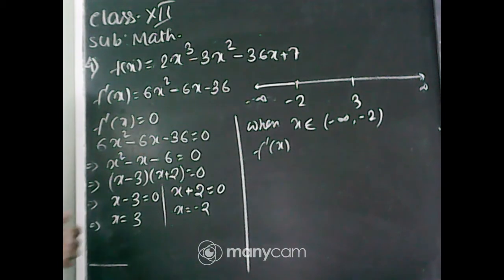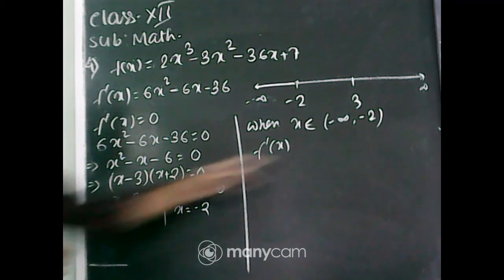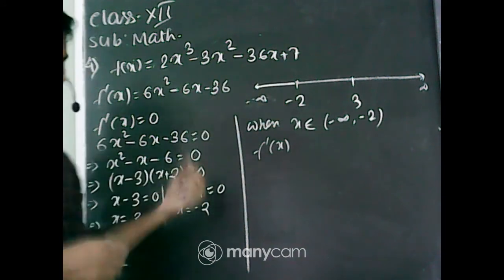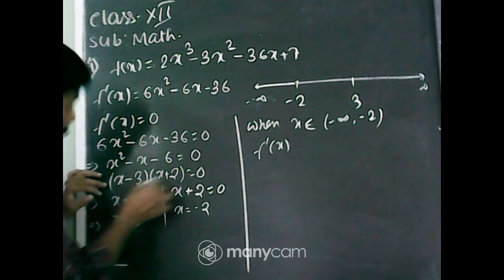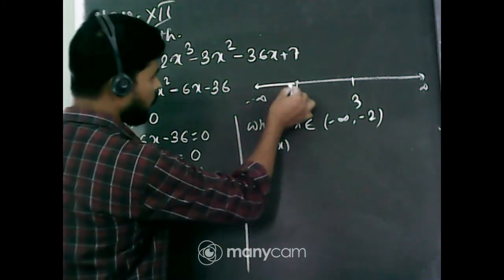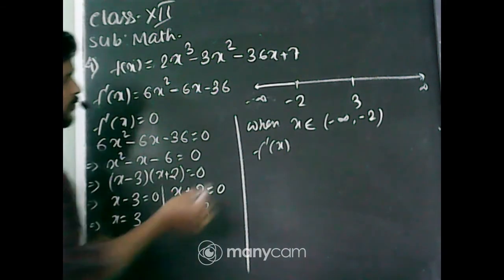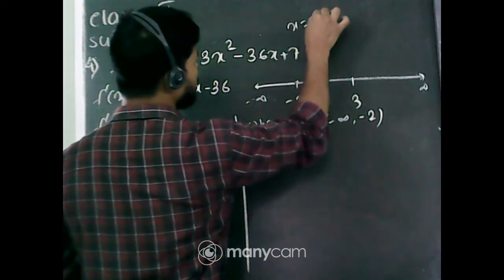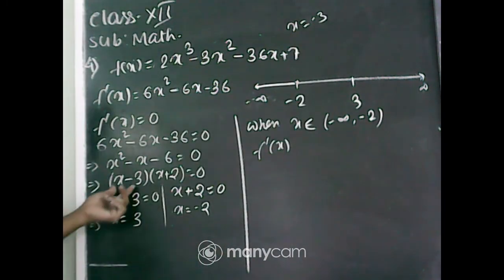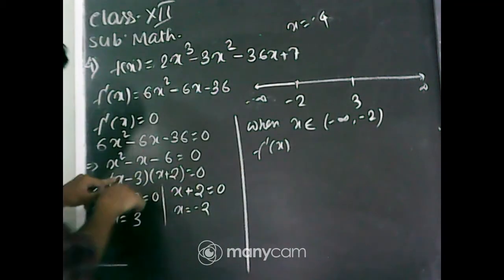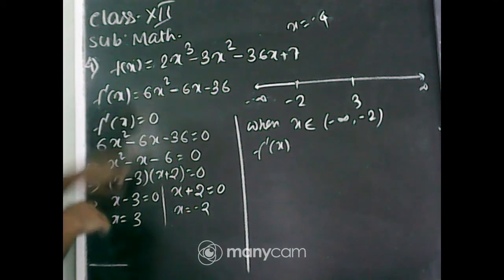Tell me one thing, if x belongs to minus infinity to minus 2, you can check by putting a value of x which lies between minus infinity to minus 2. Suppose if you take x equal to minus 3 and put it here, or x equal to minus 4 suppose, and put it here in this expression.